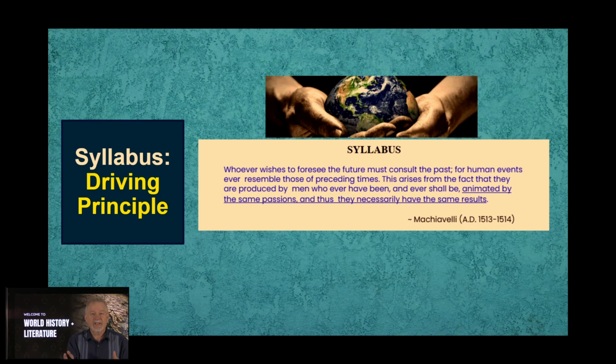Not quite. That's not where Machiavelli stops. He continues. He gives you a reason why historical events are sort of cyclical, why they happen again and again.